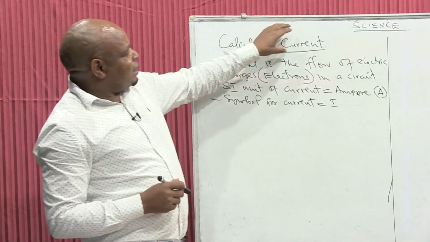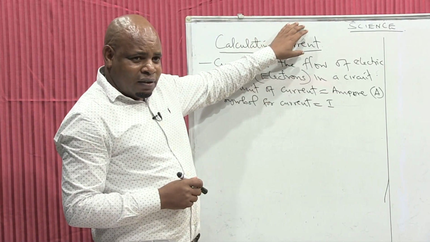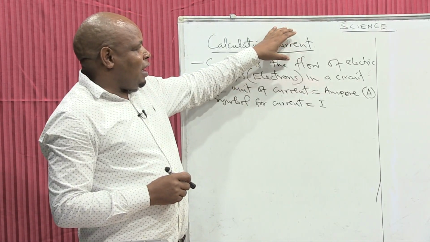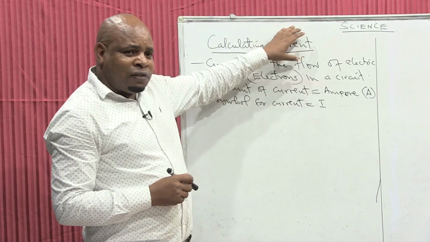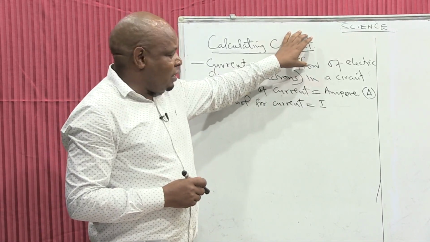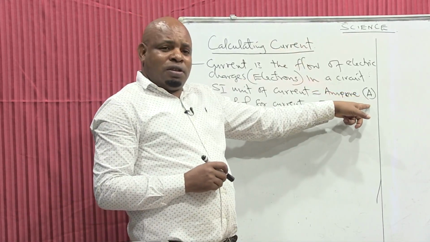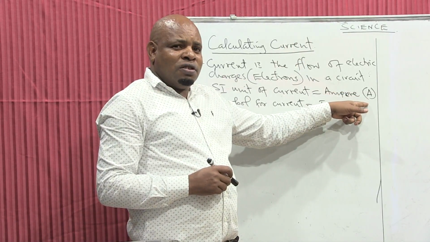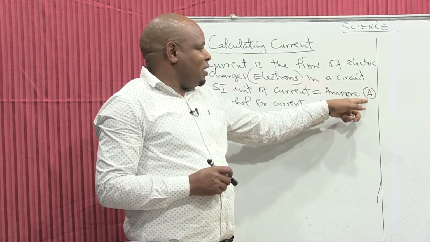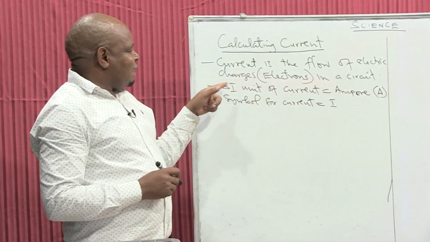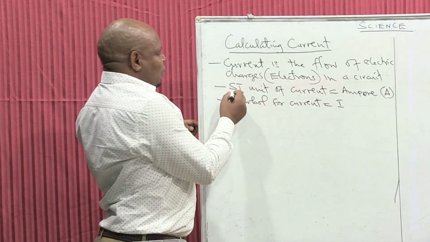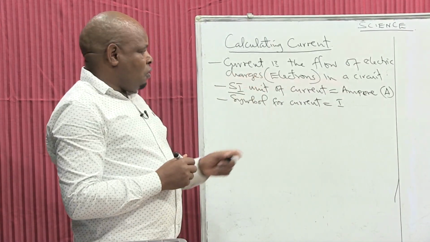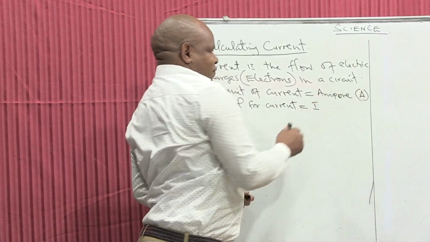When you have been asked a question which needs you to find current, after arriving at your final answer, you have to write the units. You should not leave your answer hanging. The SI unit, Standard International Unit, of current is ampere.